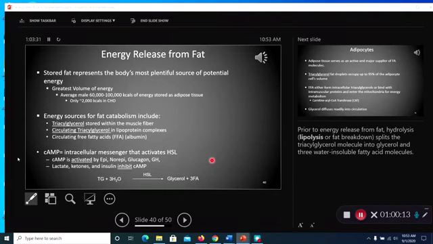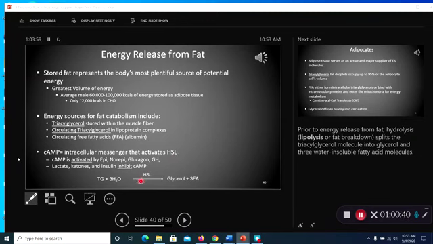Molecules or substances like lactate, ketones, and insulin inhibit cyclic AMP. Insulin is a hormone that really tells the body to store and build. So if it, in general, tells the body to store and build, it's not going to tell a lipase to work, right? To break down stored resources.